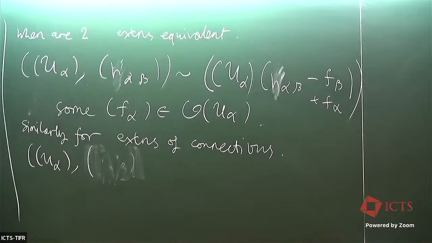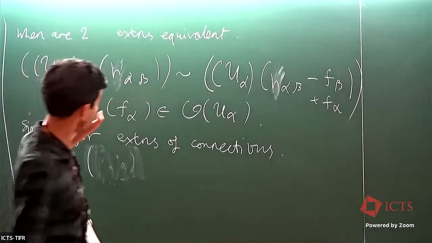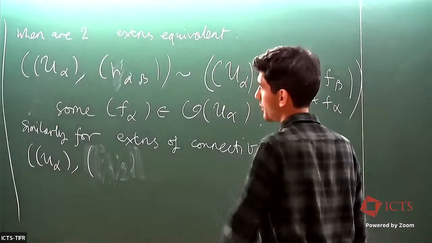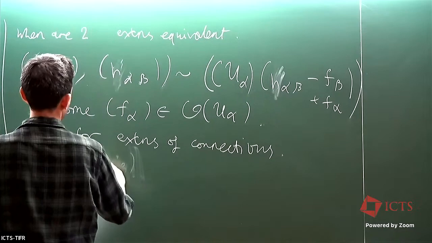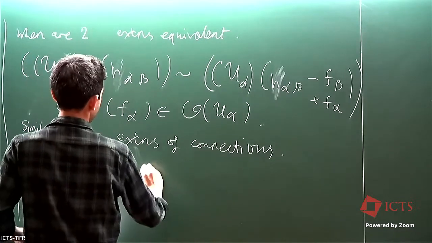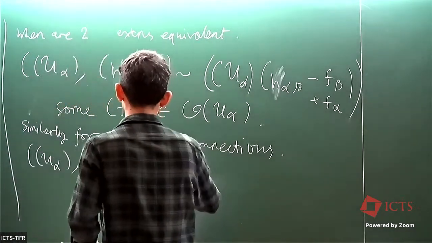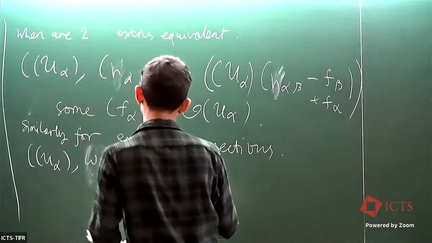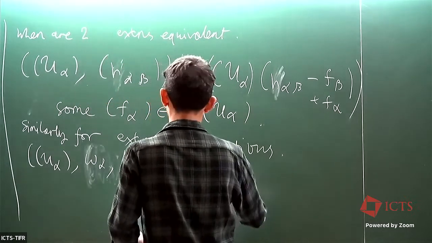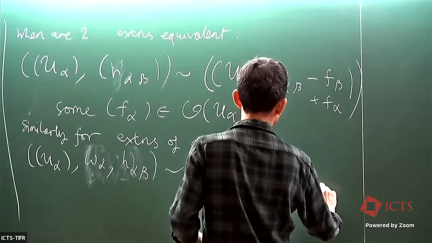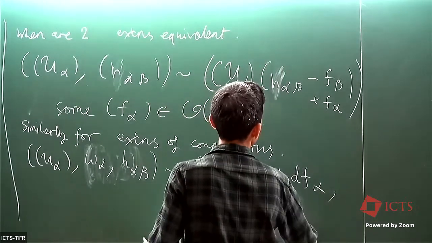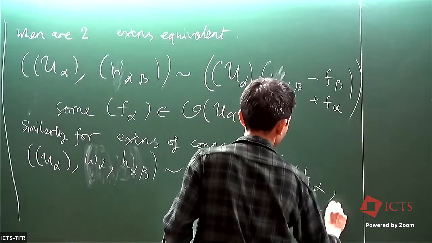So now, because we've said that our G alpha beta is just given by this entry here, we're just going to record that when we describe extensions. And so similarly here, we just record the omega alphas and the H alpha betas. And then this will be equivalent to omega alpha plus d f alpha, H alpha beta minus f beta plus f alpha.